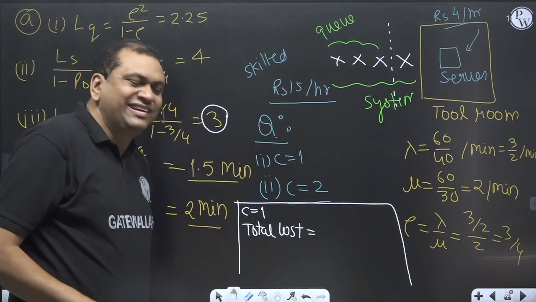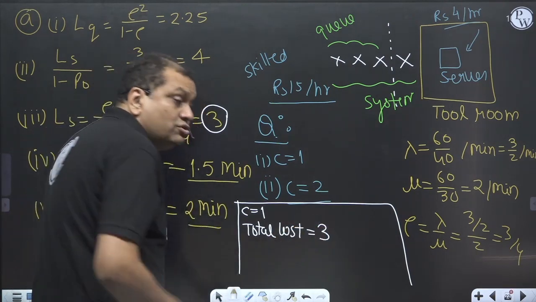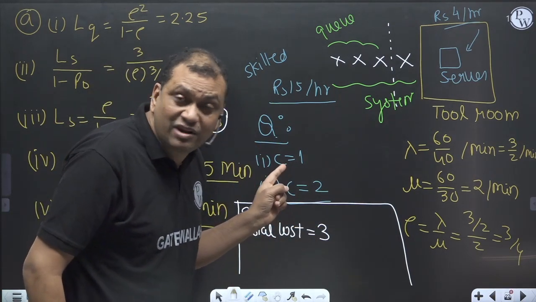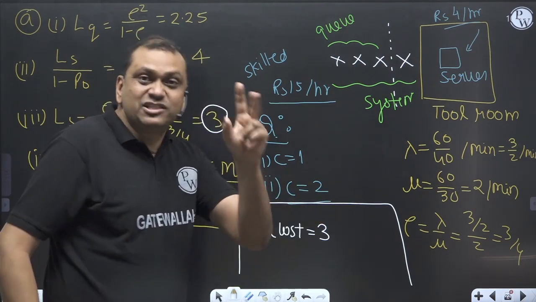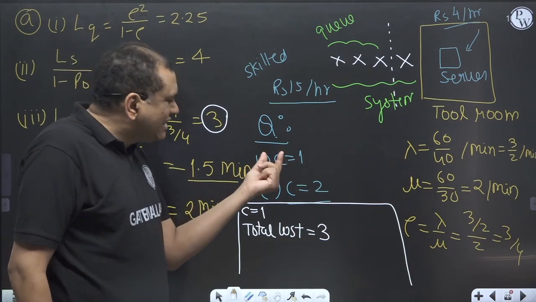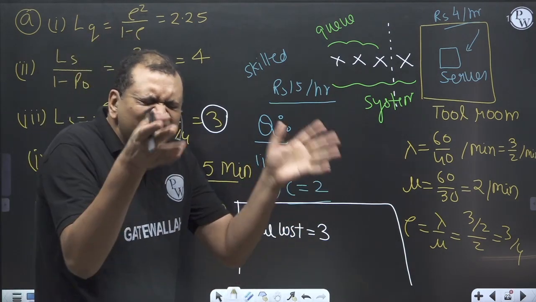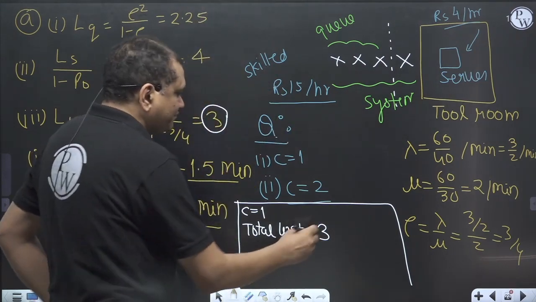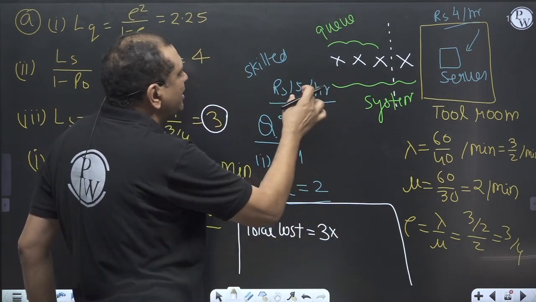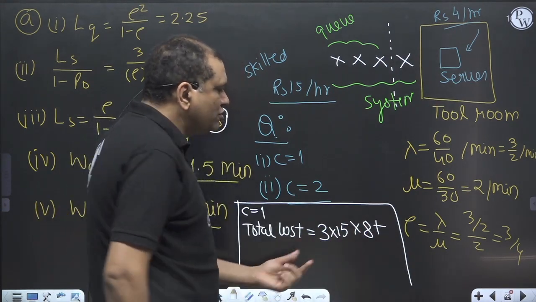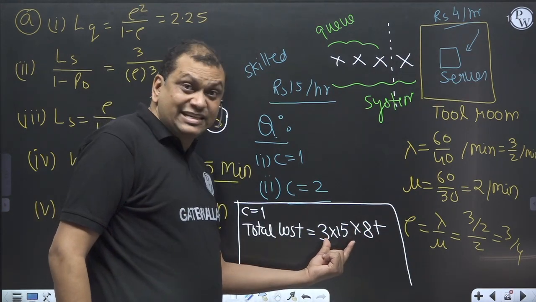They are not doing anything. Two such problems we have already solved before. So if there is only a single server, 3 skilled workers are already there in the system, not doing anything. How much am I paying? 15 rupees per hour, 8-hour work shift. So this much money we have to pay from the skilled worker side.